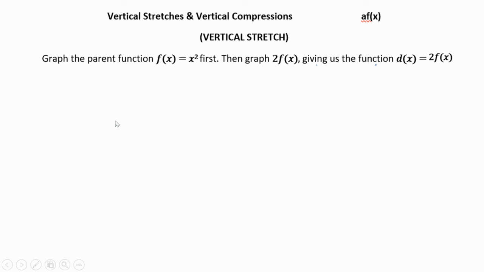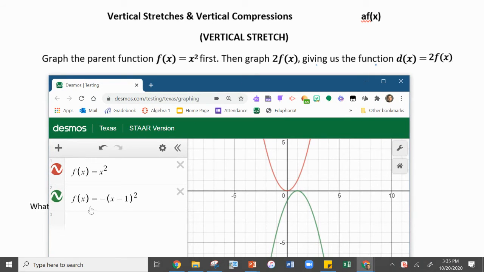Now, the next set of rules is that you have vertical stretches and vertical compressions. And so we're going to do vertical stretches first. A vertical stretch is, since it's a vertical stretch, it's going towards the y-axis, okay? So it's going to be getting skinnier towards the y-axis. And so I want to see what that looks like in Desmos before we do anything else.